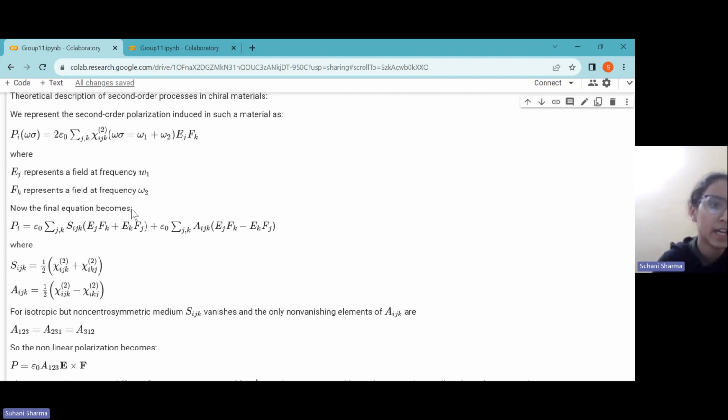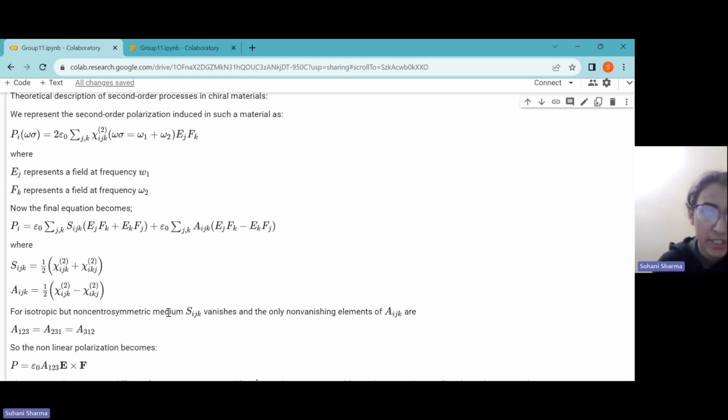And then we are gonna see the final equation. It becomes like this, where the value of Sijk, Aijk is there. And then all this leads to the coefficient Aijk, which determines the sum frequency generation in isotropic but non-centrosymmetric media.